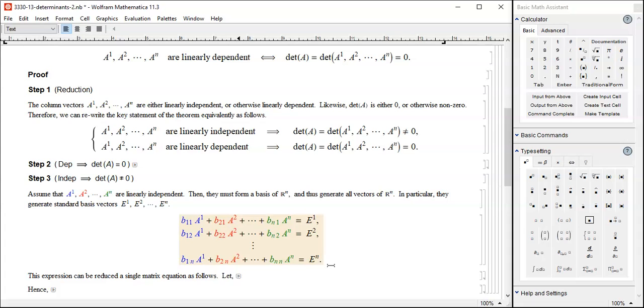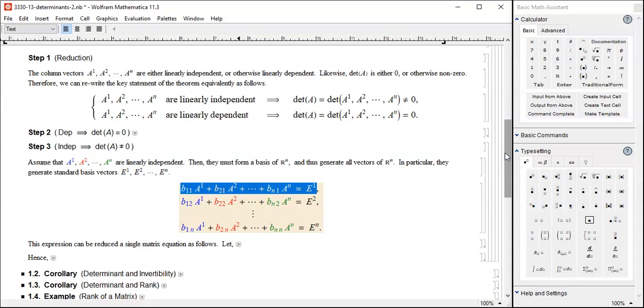So we have n linear combinations equal to E1, E2, E3, like this. In short, we have a system of linear equations. Looks like we have an n system of linear equations, but there's a problem. These are not x1, x2, x3, and so on. These are, by themselves, column vectors.